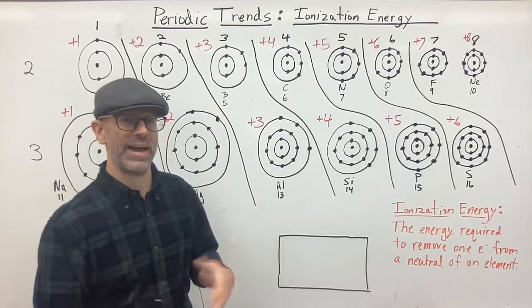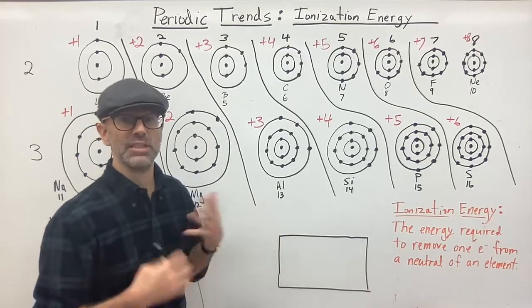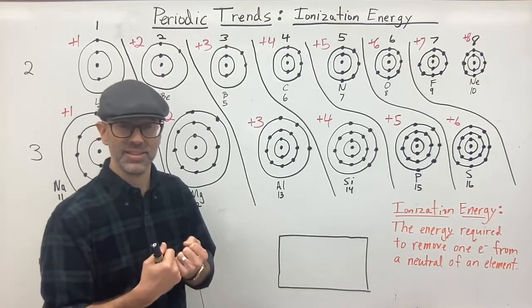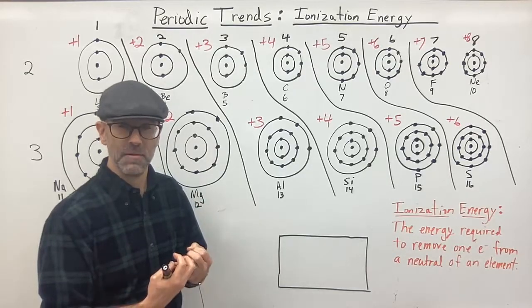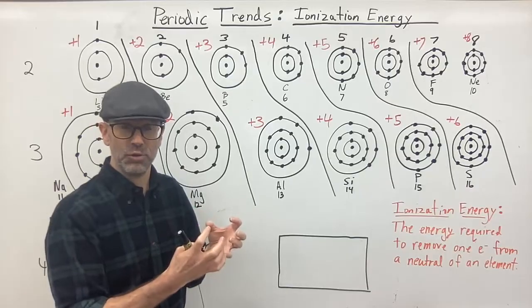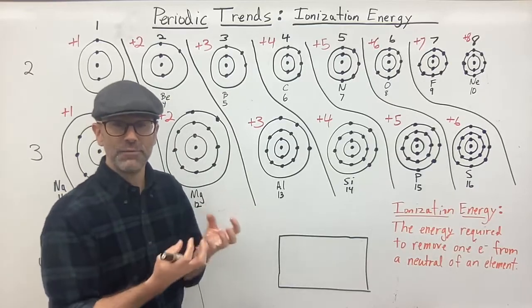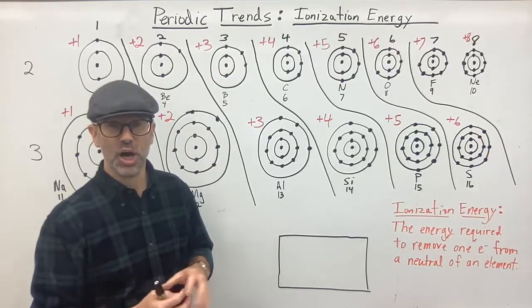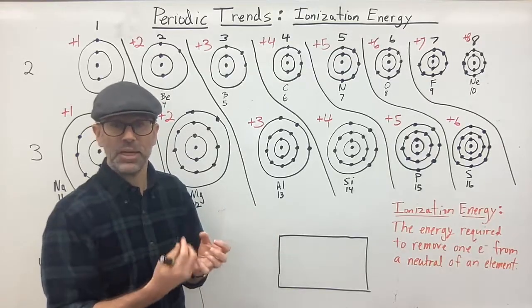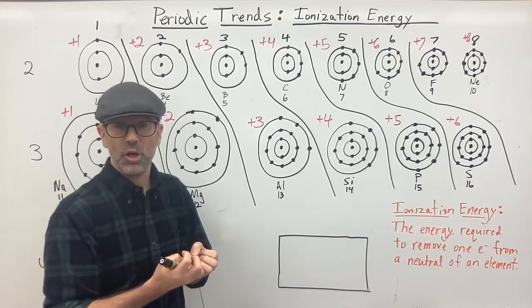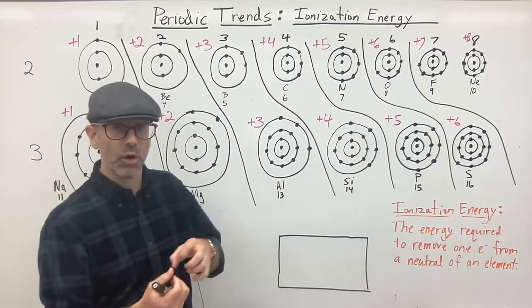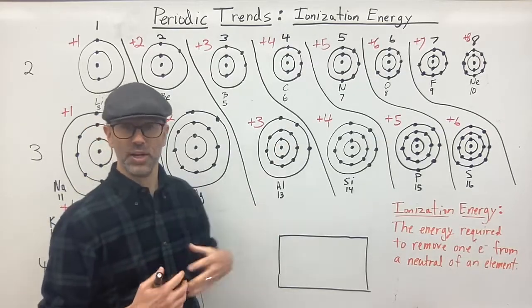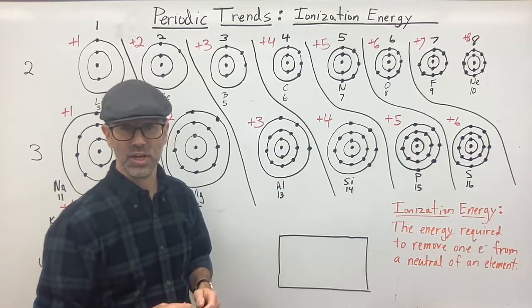That's why we need to look at effective nuclear charge, because the effective nuclear charge takes into consideration the shielding effect. So we can look at the effective nuclear charge and say, okay, is it large or small? If the effective nuclear charge is large, then that means greater attractive force, which means you're going to need more energy to remove the electron, therefore higher ionization energy.